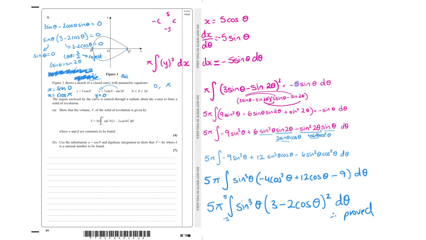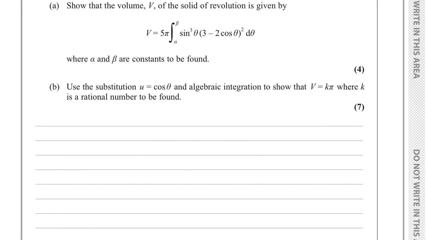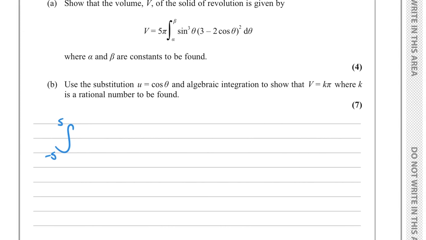Okay, so for the second part, use substitution of u equals cos theta. We already know that we're integrating between 5 and minus 5, remember, these are our x values. Now we're saying that u equals cos theta.